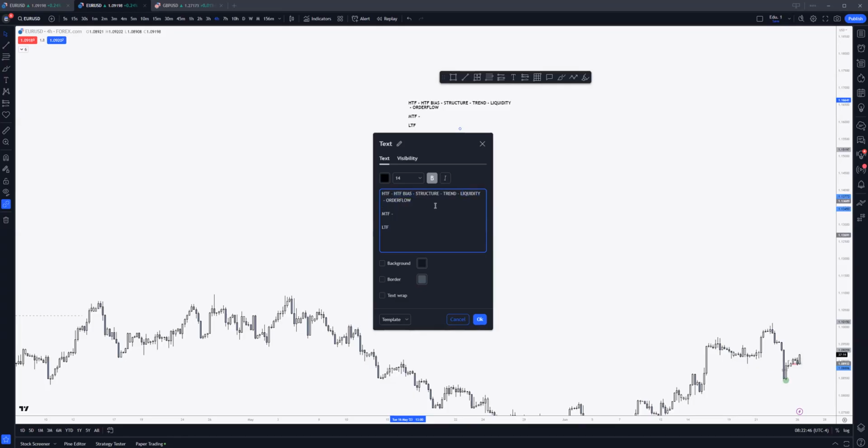So our job with the HTF is to identify HTF bias using draws on liquidity, or draws on liquidity and order flow, really, right?